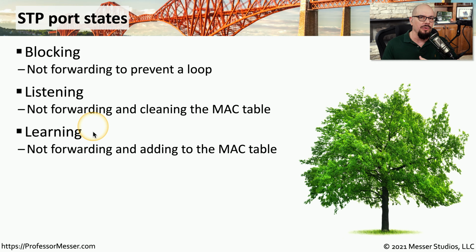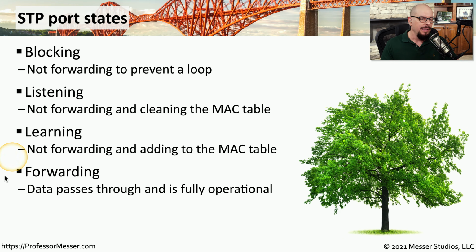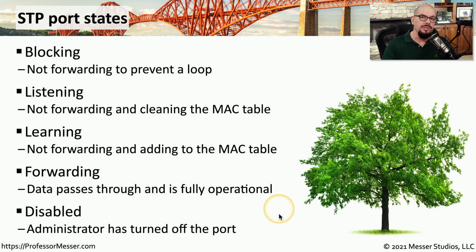Once it is comfortable that no loop would be created, it can begin forwarding traffic. Data will pass through that interface, and the interface will be fully operational on the network. Of course, you as the administrator could administratively disable that port. That's not necessarily part of spanning tree protocol, but it does have an effect on how STP operates.